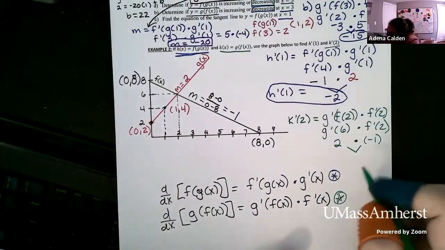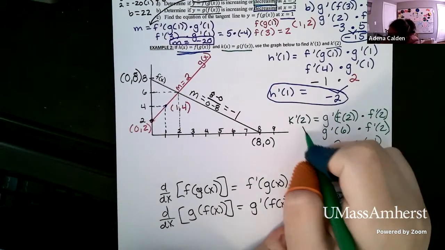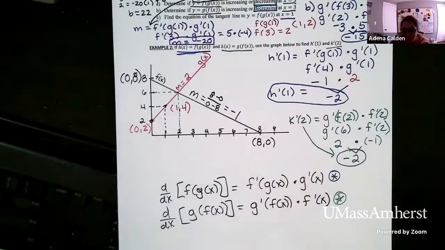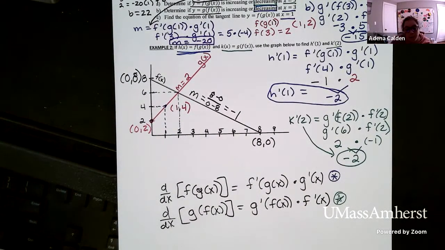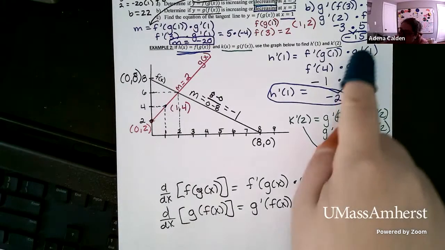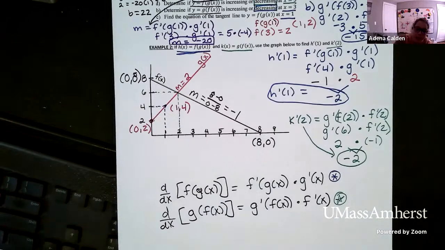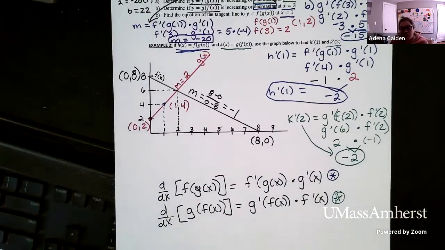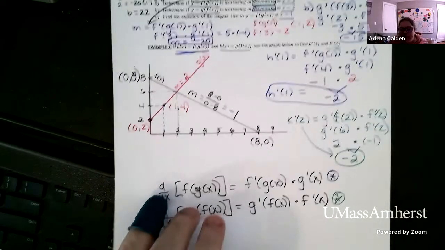So 2 times negative 1 gives me negative 2. So k prime of 2 is going to give me negative 2. So we're using the graph to help us fill in these values in the formula. And so we're pairing what we know about graphs and derivatives into the rules for the chain rule. So this is sort of the general way that we would use the chain rule for tables and graphs.